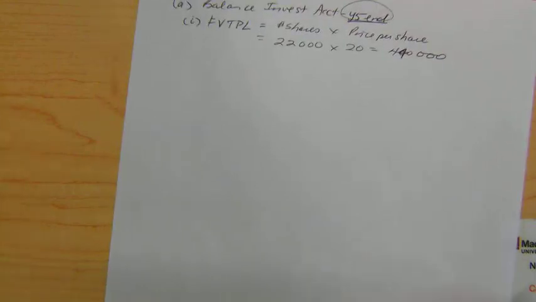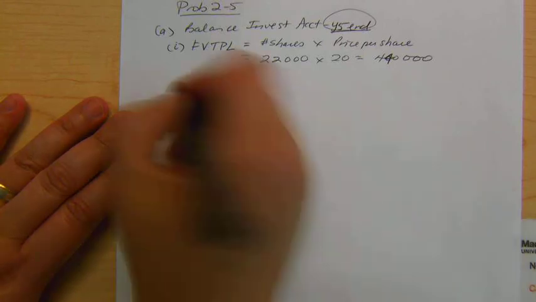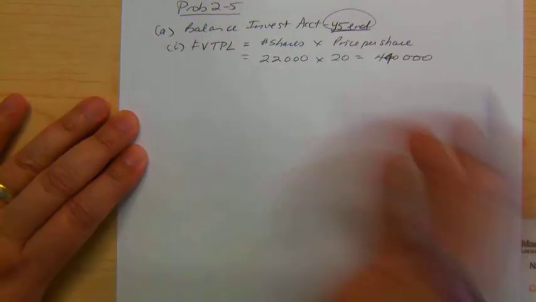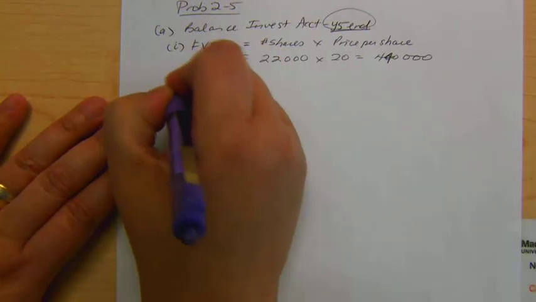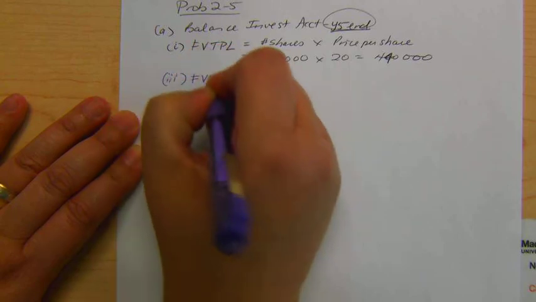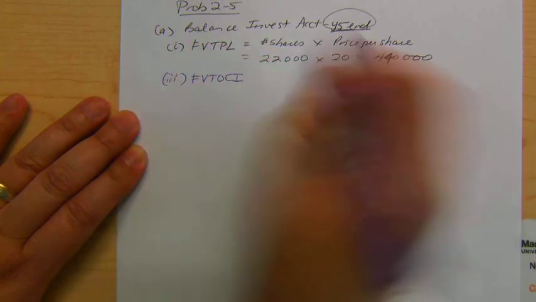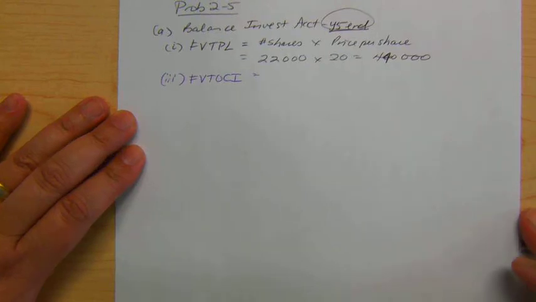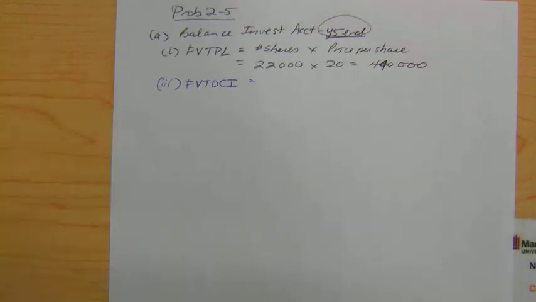I'm going to jump to fair value through OCI now. Now, what was the difference in the methods, those two methods? Are the entries pretty much the same? Do you mark it to fair value every year? Except the gains or losses all go into OCI instead.